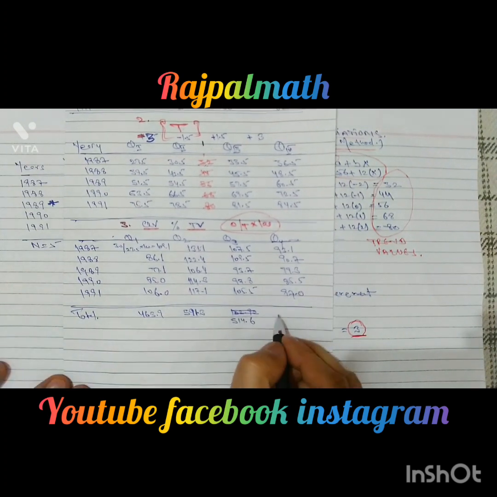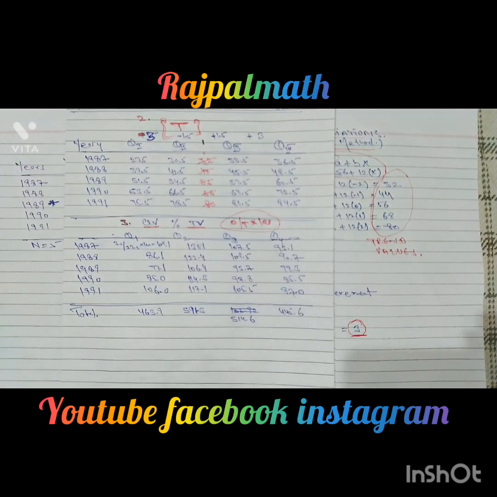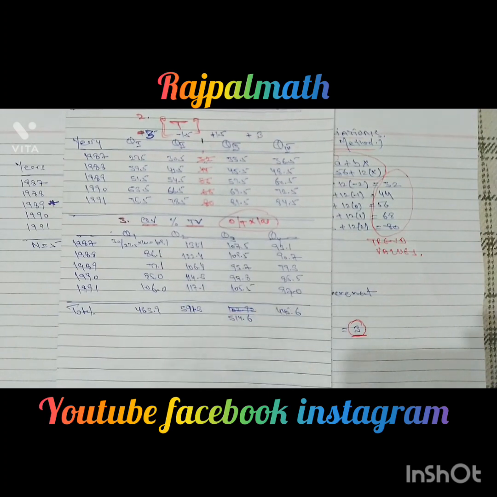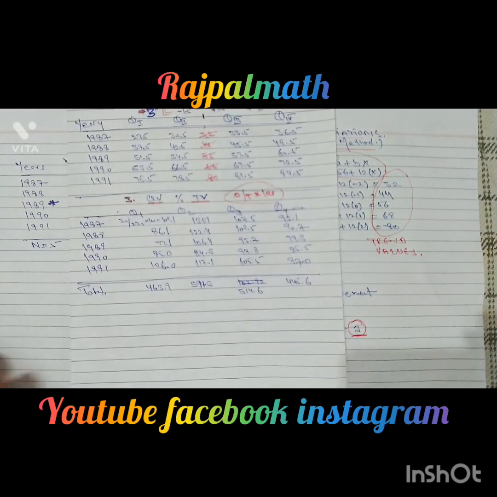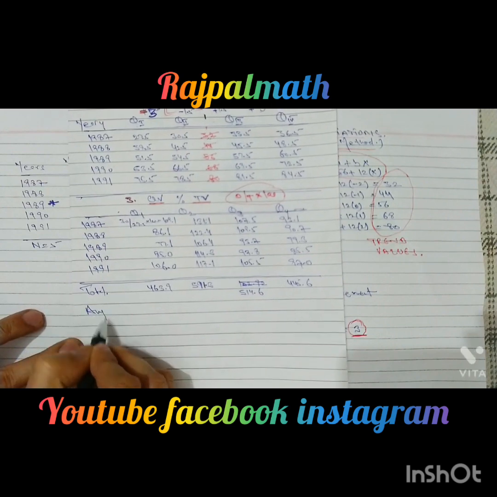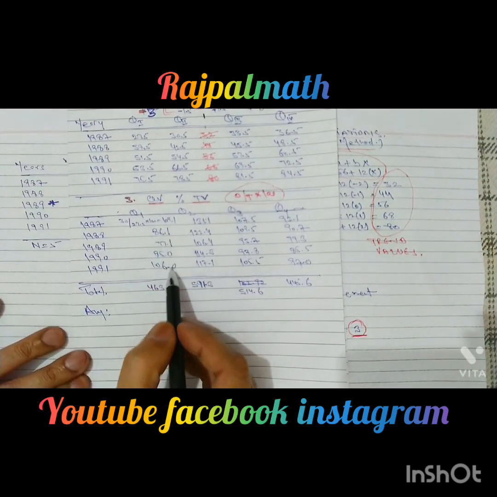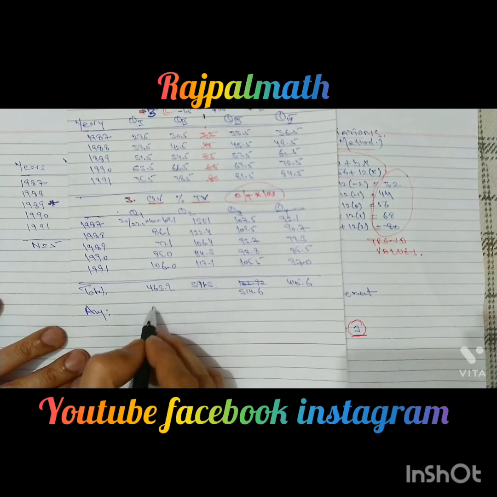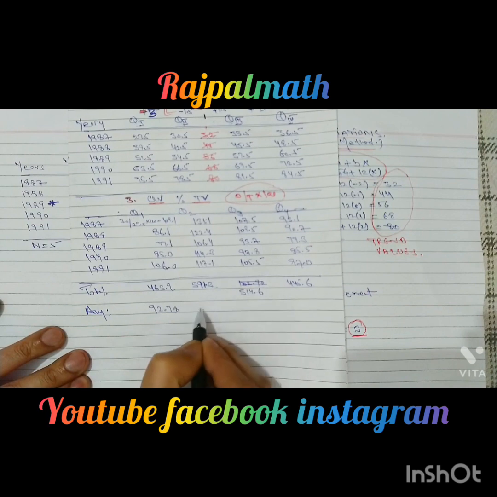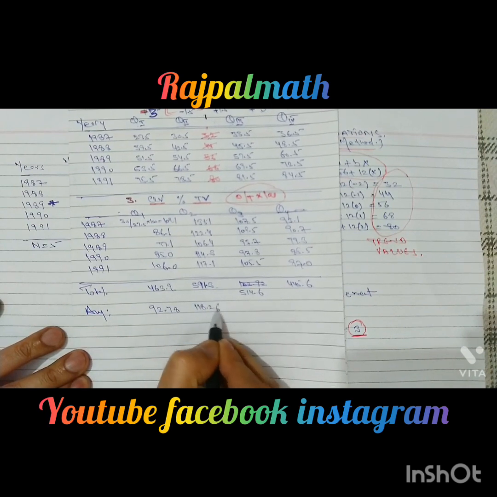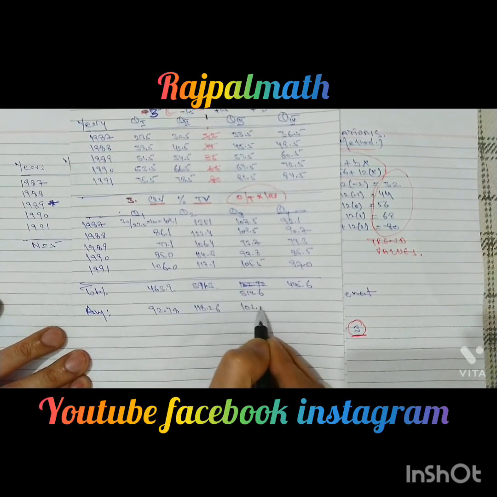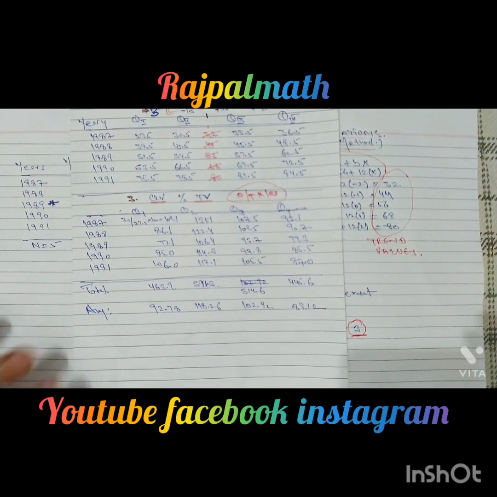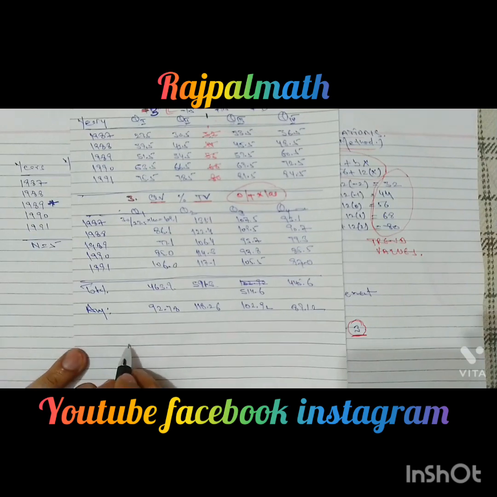Total of the next is 445.6, the totals of quarterly values from the O by T table. To find the average, divide each by 5. It comes out to be 92.78, 118.26, 102.92 and 89.12.